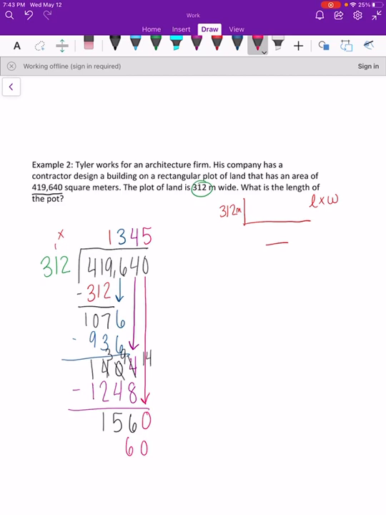And then 5 times 3 is 15. Oh, dude, look at that. 1,560 minus 1,560 is 0. So the length of our plot is 1,345 meters. It's a lot of work to do that by hand. You can also always check on a calculator.